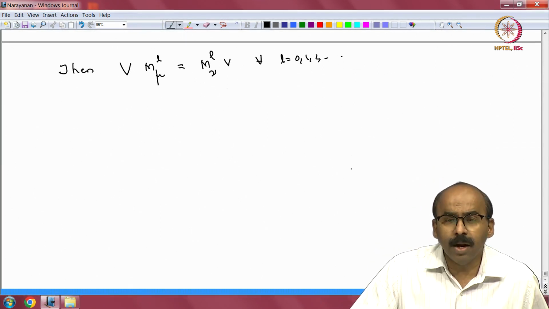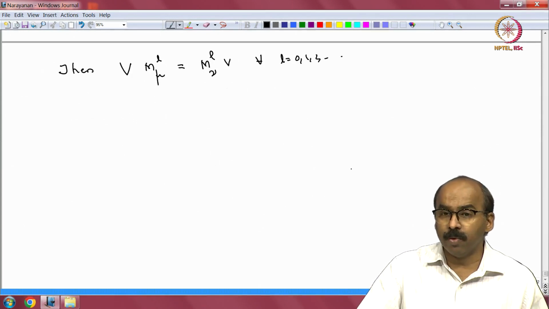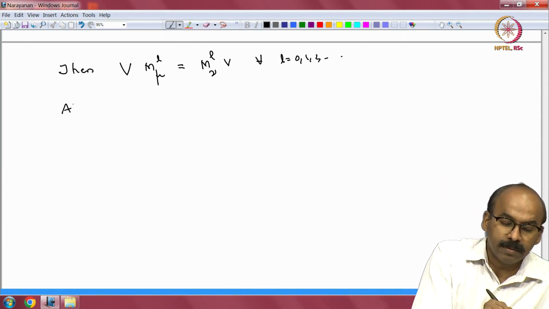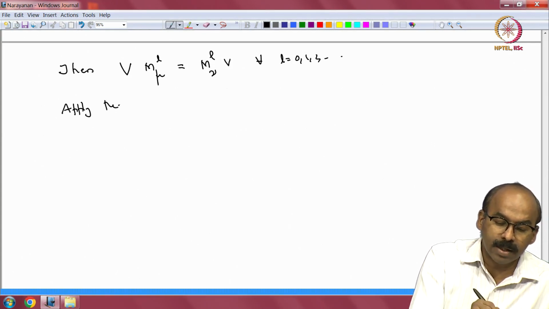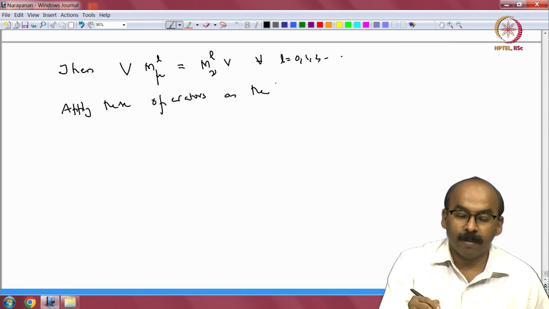Okay. Now, remember that the constant function 1 is a cyclic vector for m sub mu. So, let us apply that. Okay. So, apply these operators on the constant function 1.